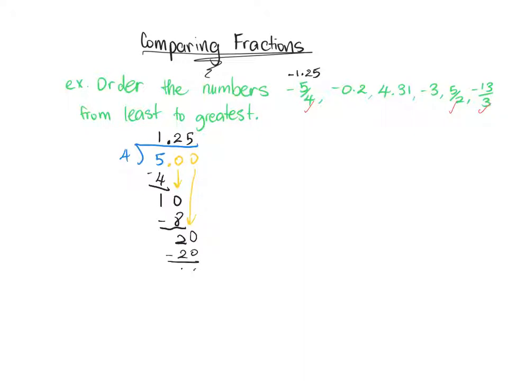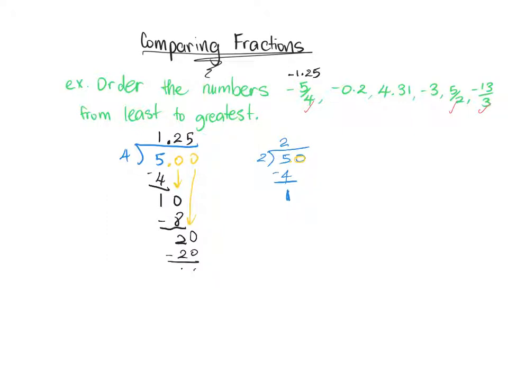All right, let's do the second one, which is 5/2. So we're doing 5 divided by 2, and that looks like this. We have 2 over here, 5 right here. 2 into 5, you get 2. But there is a remainder. To figure out what that is, 2 times 2 is 4. Subtract, we get a remainder of 1. We keep going. Putting that in yellow.